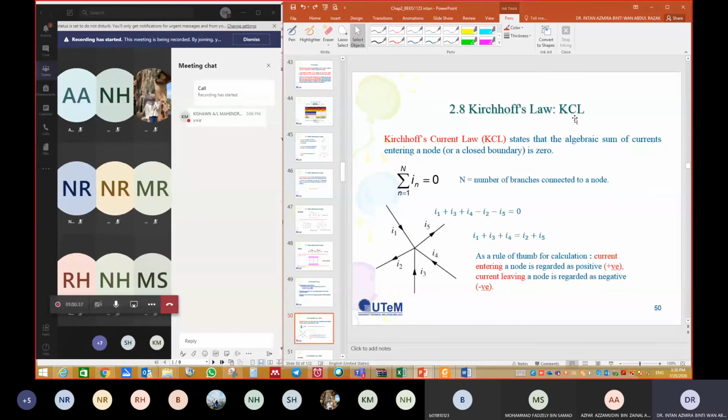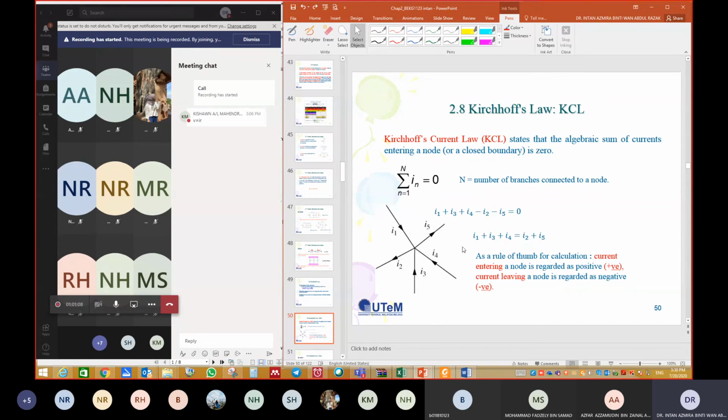Now let's start with KCL, Kirchoff current law. It deals with current. It states that the algebraic sum of currents entering a node is equal to 0. When the current enters the node, it is positive. When the current leaves the node, it is negative. Or you can write it as current entering the node is equal to current leaving the node.